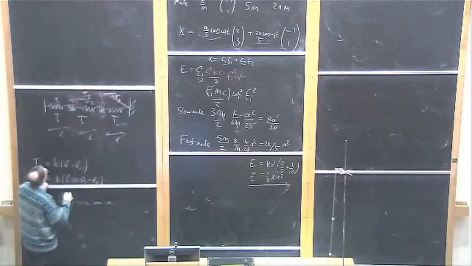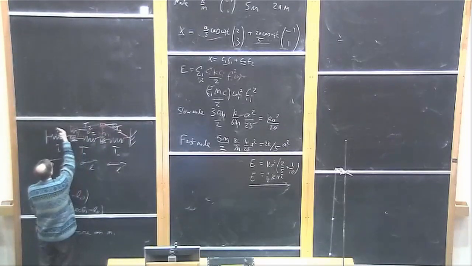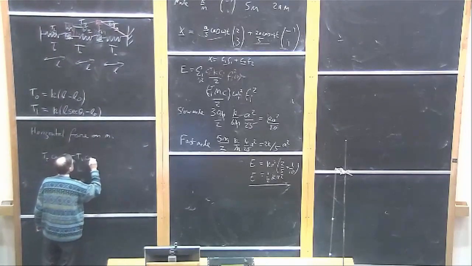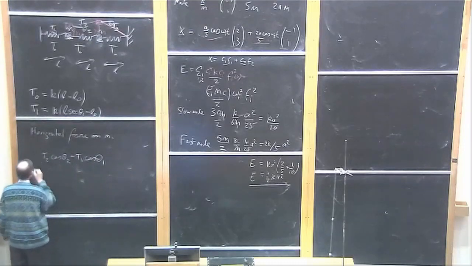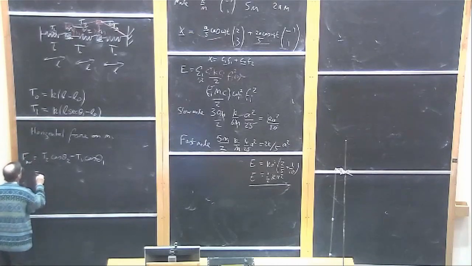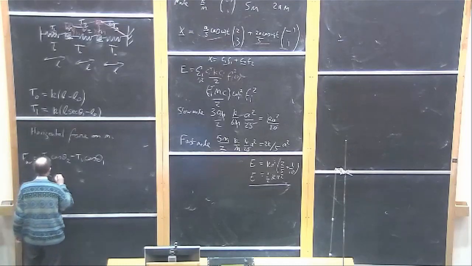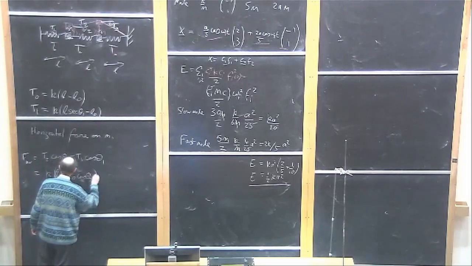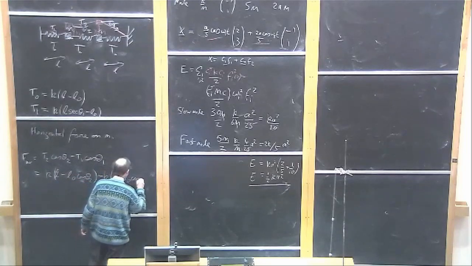That's the force here, pulling it that way, minus T1 cos theta 1. So we multiply each of those by the appropriate cosine, so that's F horizontal, which is K(L sec theta 2 minus L0) cos theta 2 minus K(L sec theta 1 minus L0) cos theta 1.